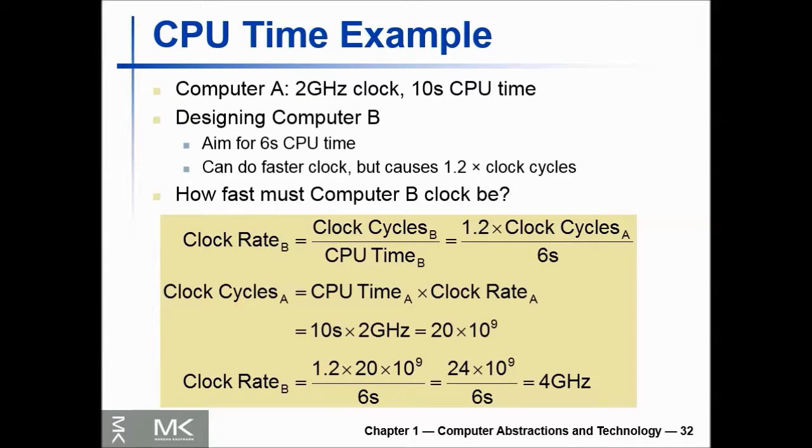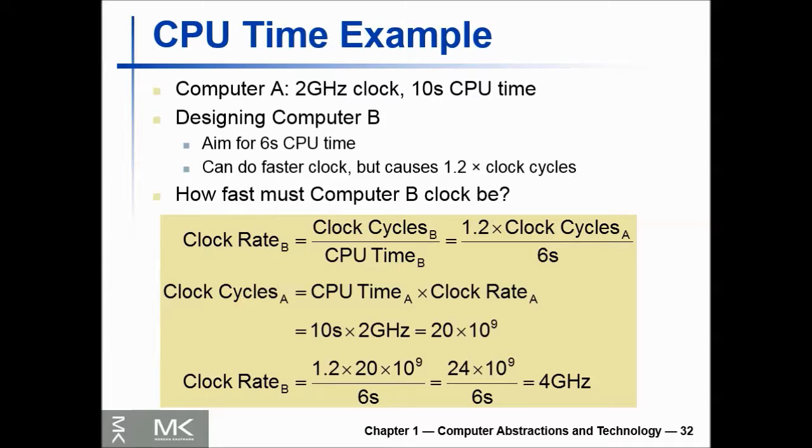Here is an example of CPU time. Let's assume our favorite program runs in 10 seconds on computer A, which has a 2 gigahertz clock. We are trying to help our computer designers build a computer B, which will run this program in 6 seconds.